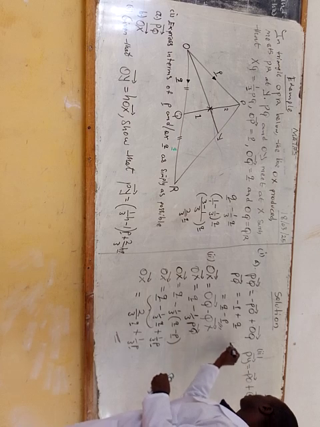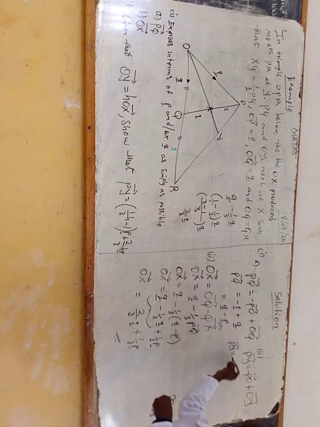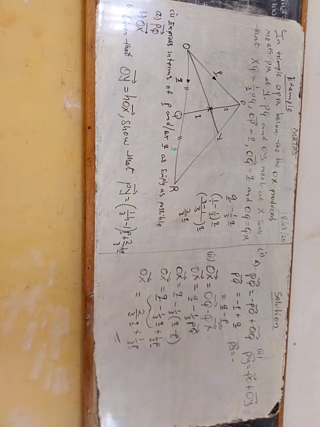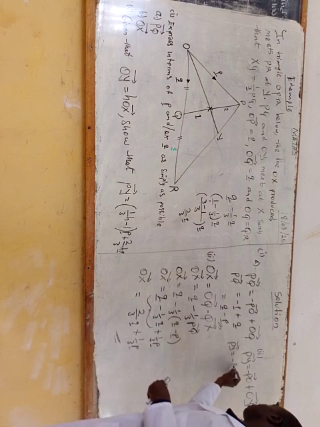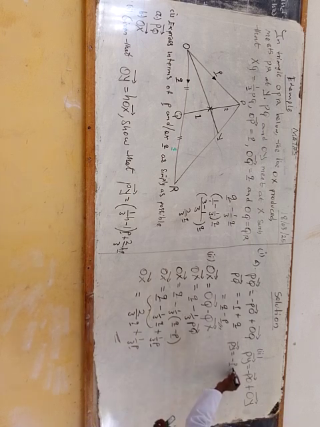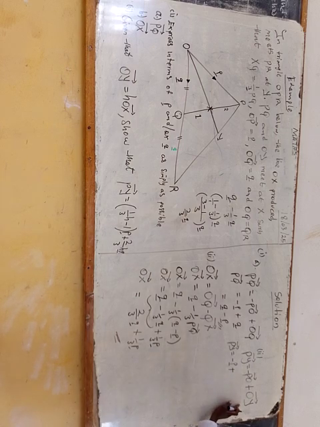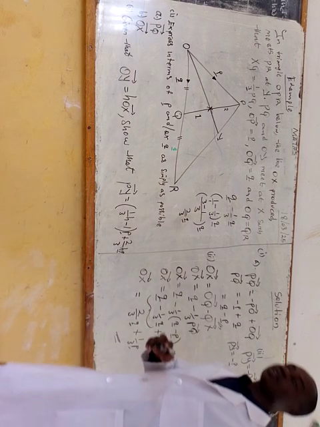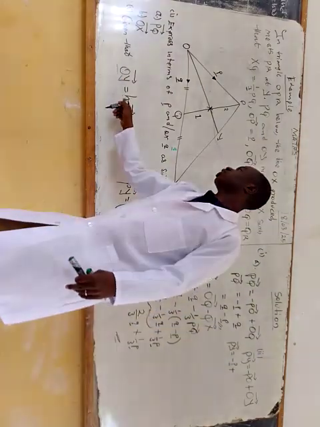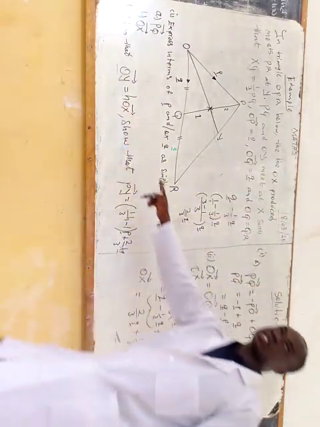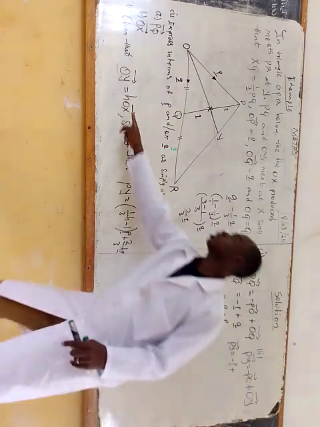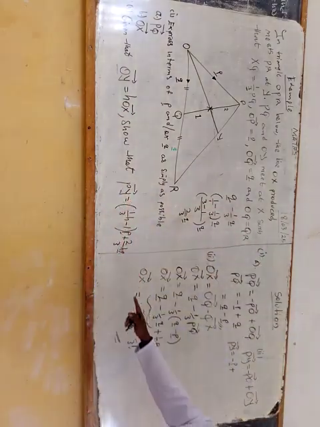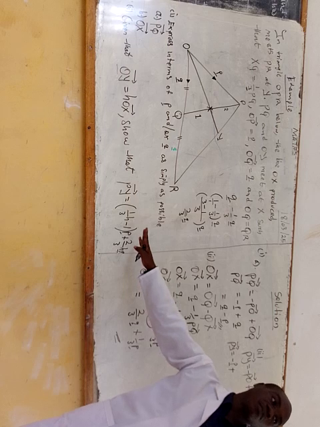Let's substitute. Our PY vector is going to be, what is PO? Negative vector P. Good. Now plus, what is OY? You have been given OY is H vector OX. That's what you have to use. They want you to use this for you to show that, otherwise you won't be able to show.